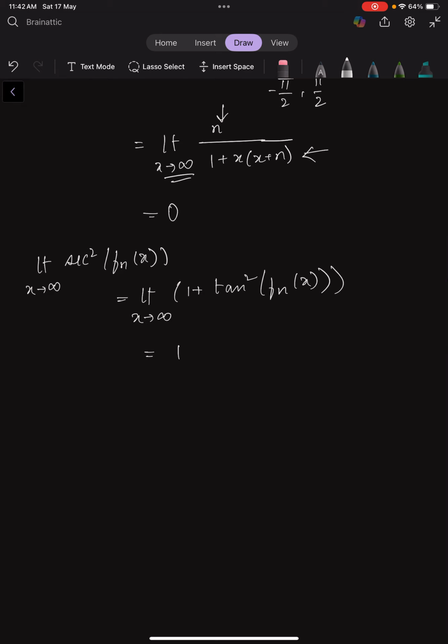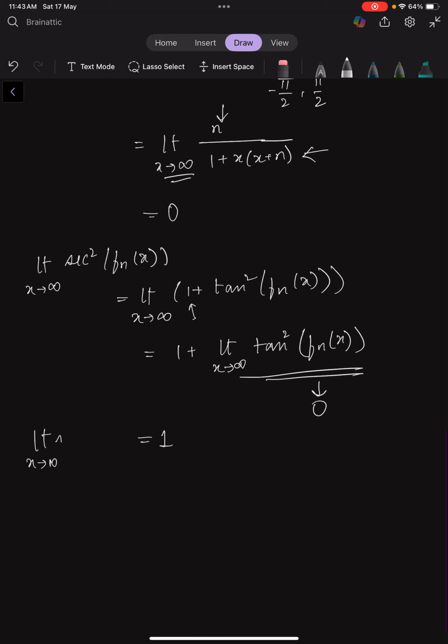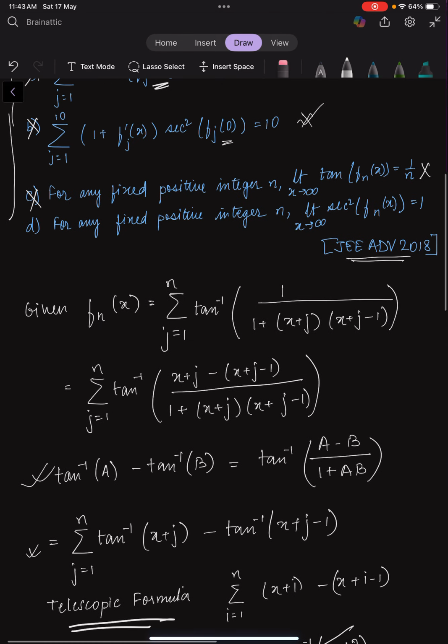The 1 comes out because 1 is independent of x, and we have the limit as x tends to infinity of tan square f n of x. We have just found this out and this is equal to 0. So this comes out as 1. So this expression, the limit as x tends to infinity of secant square f n of x, is equal to 1. So we'll check option D is correct.